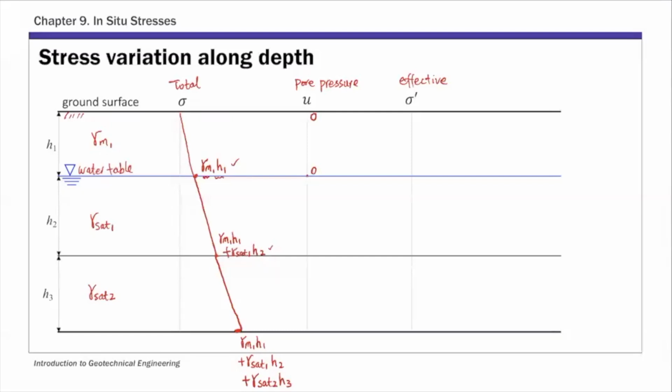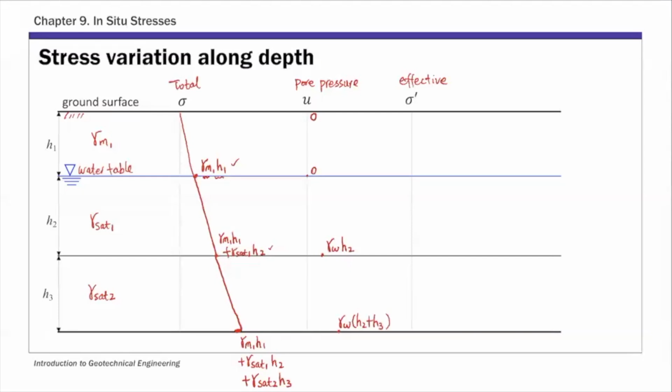Okay. So at, say, depth H2, it's gamma water times H2. So that's the unit weight of water times H2. And then for the bottom of the soil profile, we have gamma water times H2 plus H3.